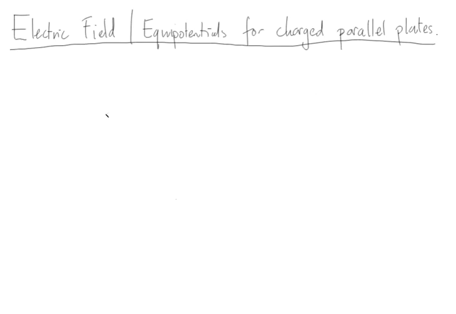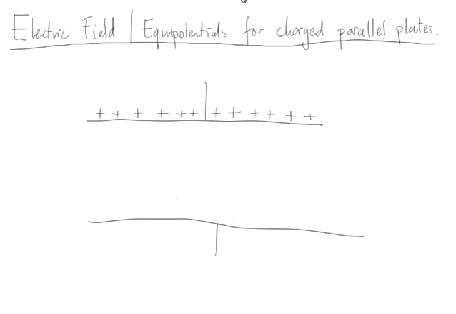Well, it turns out if we have, here's my top plate, it's positively charged, and I have a bottom plate down here, it's negatively charged, and the charges are placed uniformly across, and there should be an equal number on the top and the bottom. Then we define the distance between the plates as little d.